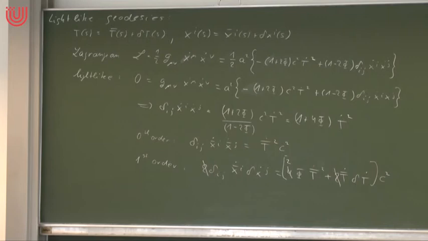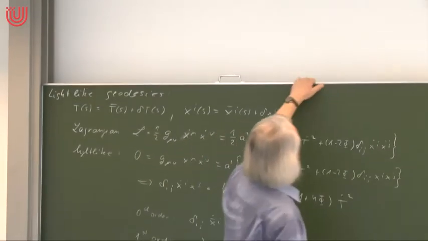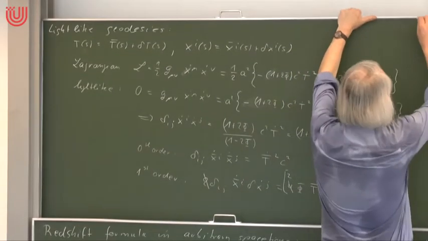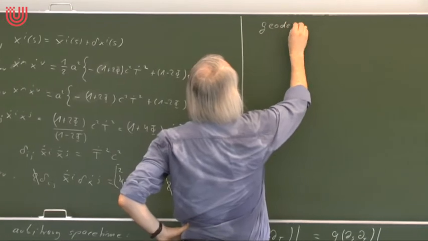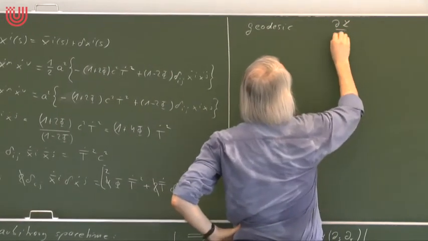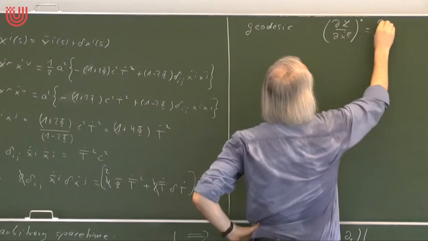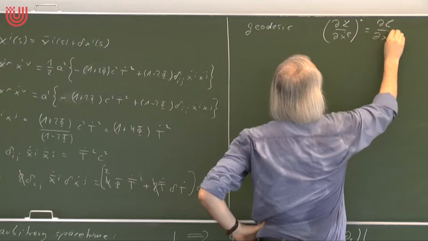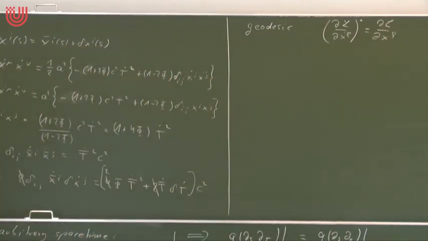Okay, this was the condition that we have a light-like curve. And now we have the condition that we have a geodesic. The geodesic equation is, of course, d by dt of dL by dx rho dot equals dL by dx rho, the Euler-Lagrange equation, right? So here is a Lagrangian.